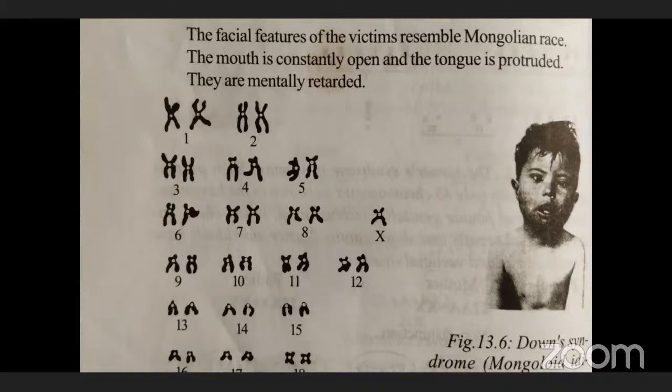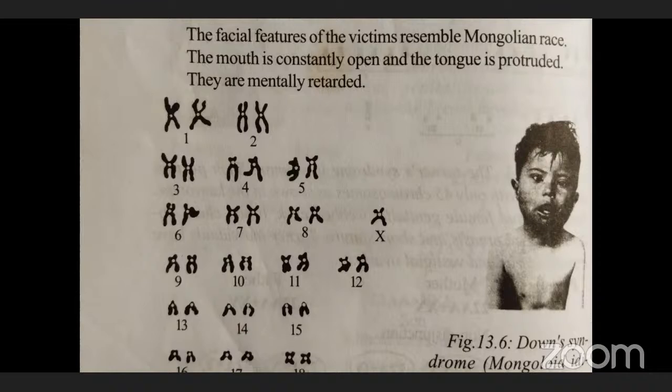The Down syndrome abnormality was very first discovered by Down in the year 1866. Down only identified the abnormality. That's why the disease is known as Down's syndrome. Clear?